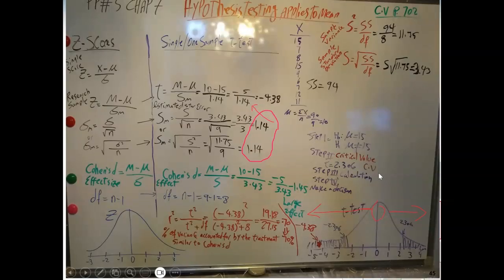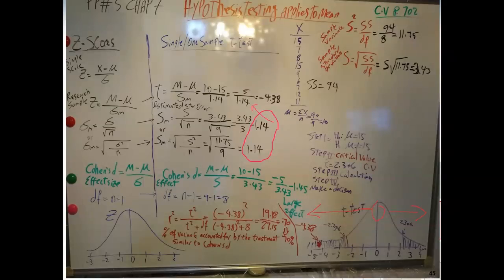We looked on page 702, and the critical value is 2.306. Step 3, calculate the t. That's what we're going to do, and then make a comparison.